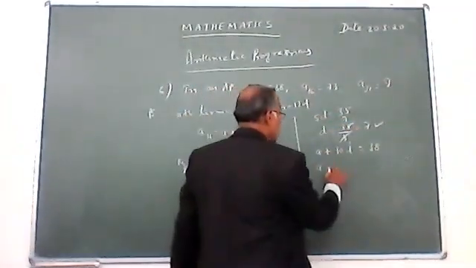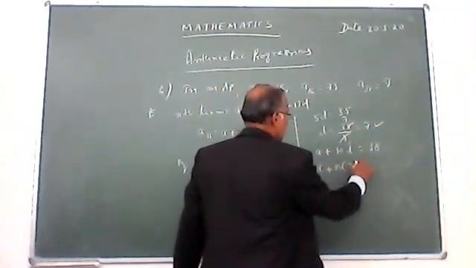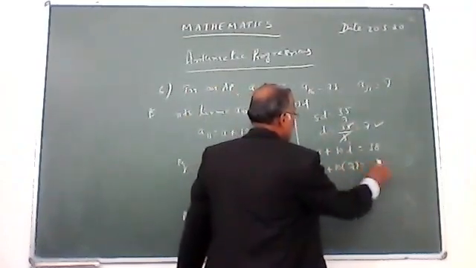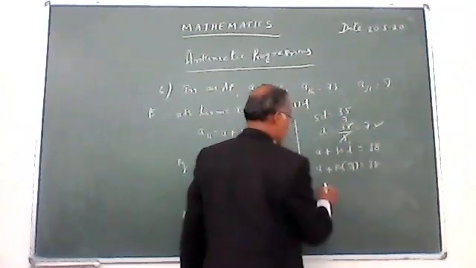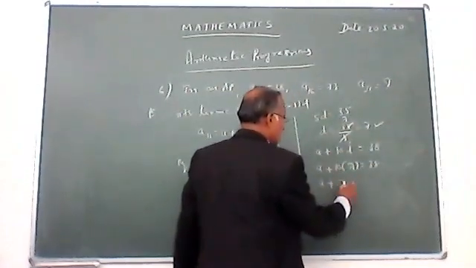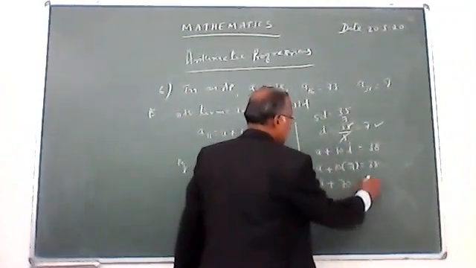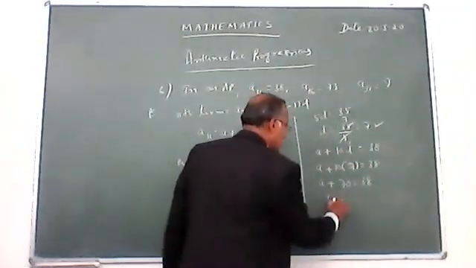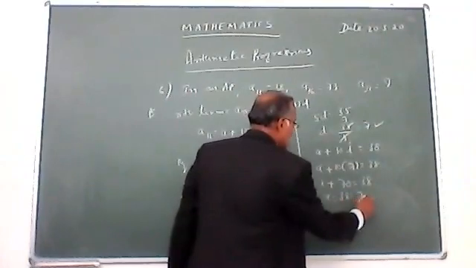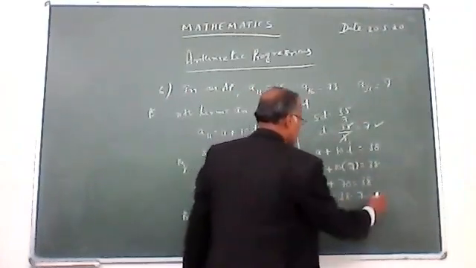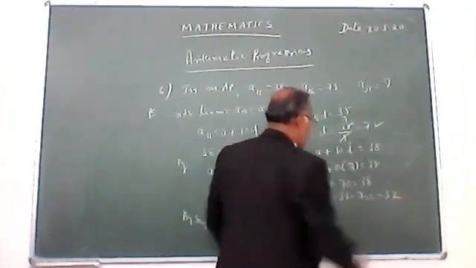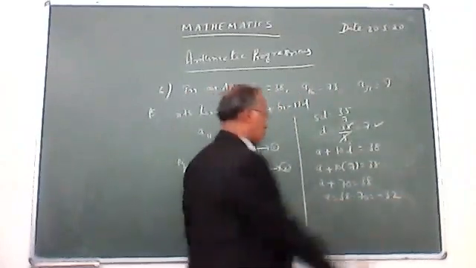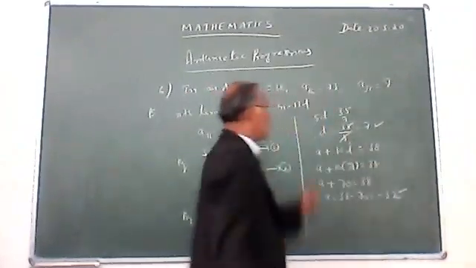Then a plus 10 into 7 is equals to 38. a plus 70 is equals to 38. Now a is equals to 38 minus 70, which is equals to minus 32. Now a is there, d is there.